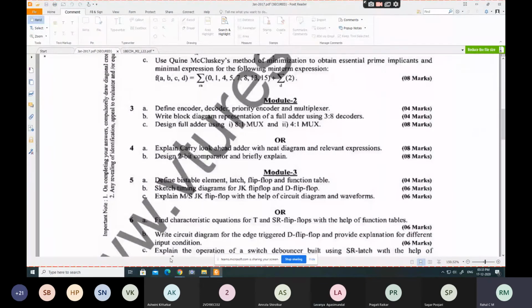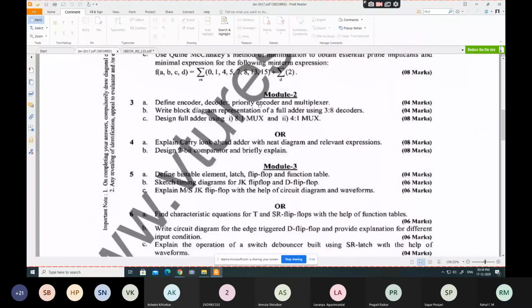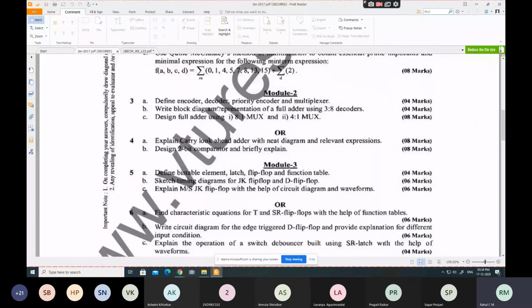Can some other student tell what is the priority encoder? Why do I go for a priority encoder? When more than one input is high, there is an error in the output.